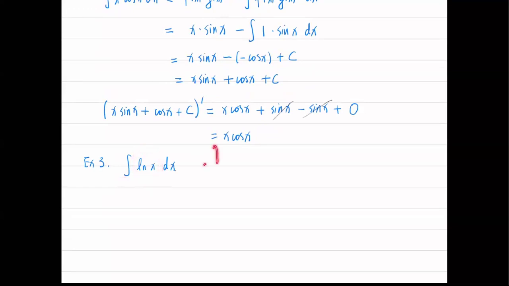Is it 1 over x, Sakina? No, why? This is the derivative, not the integral. This is a very common mistake. When we say this, someone will just give 1 over x, but that's the derivative, not the integral. So how do you find the integral?